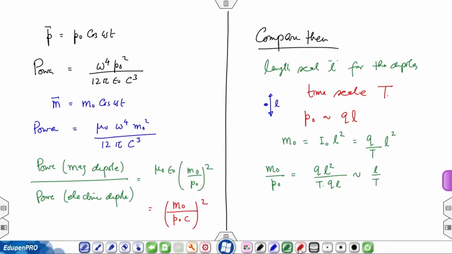So, power magnetic divided by power electrical is going to be L over c T whole square.